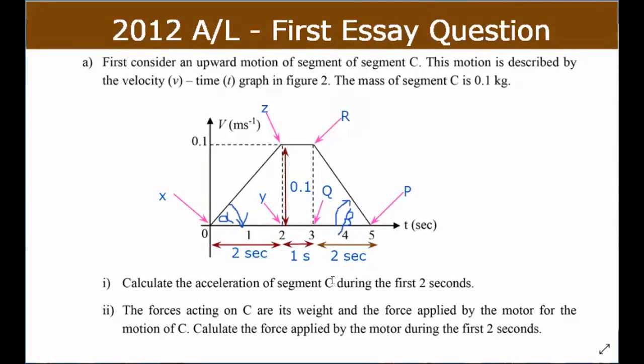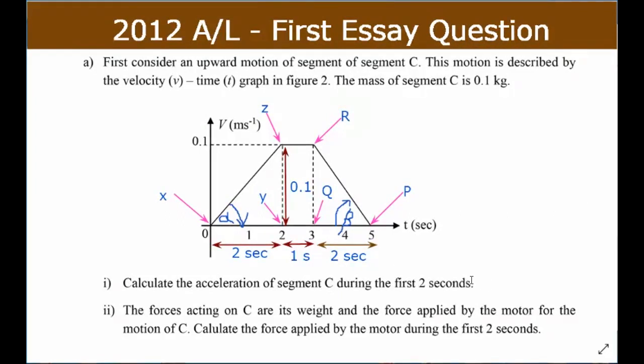Calculate the acceleration of the segment C during the first 2 seconds. So what is acceleration there? Acceleration equals, Lamai? Average velocity divided by time. Yes, it is true, but here it's a graph. So how do you find acceleration from a graph, dear?